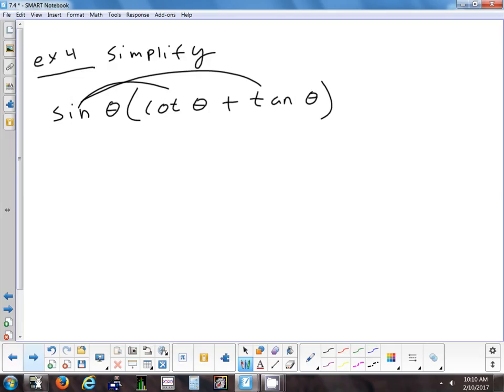So just distribute out sine. Now, some people, when they distribute it, they're going to change to sines and cosines at the same time. I'll just distribute it. So you'd have sine times cotangent plus sine times tangent.